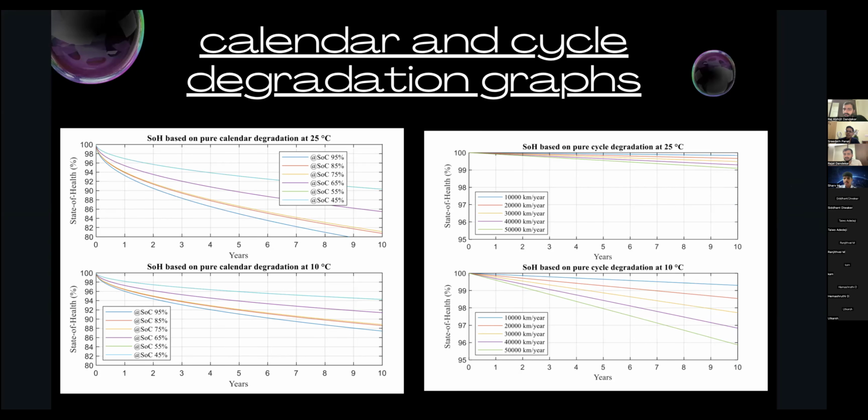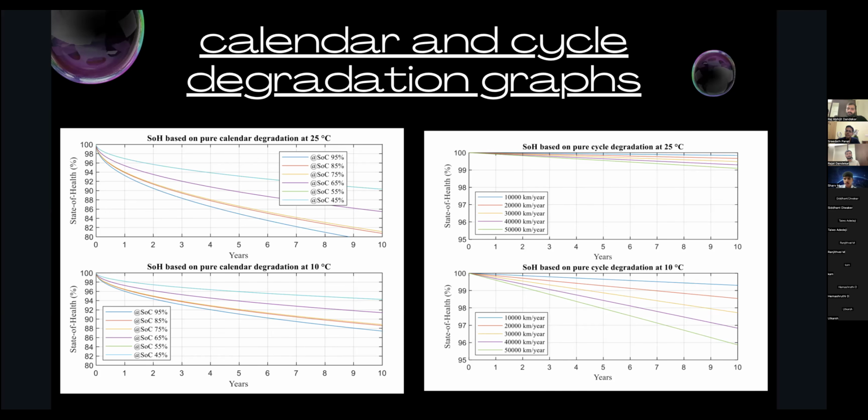And this shows that it's the opposite of calendar degradation, because as temperature decreases, the battery's efficiency drops, forcing it to work harder to provide the same amount of energy. So this increased strain leads to higher degradation over time, despite the slower chemical reactions at lower temperatures.